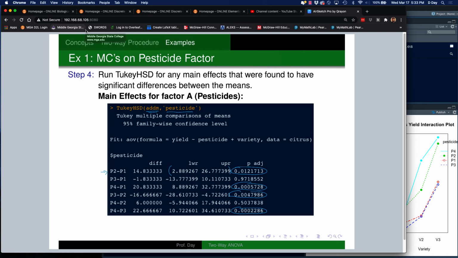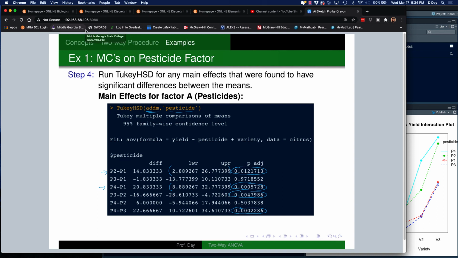We also know that pesticide 4 was better, since both of those values are positive. So pesticide 4 was better than pesticide 1. It's kind of what we saw in the box plots when we saw them earlier.